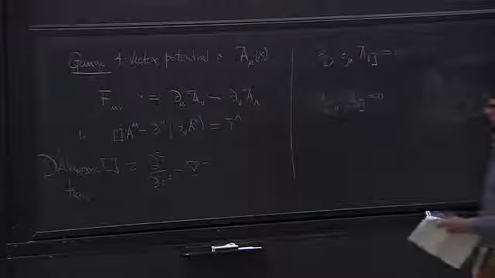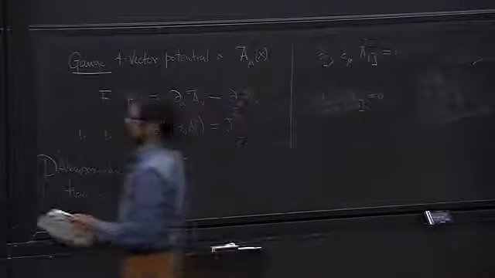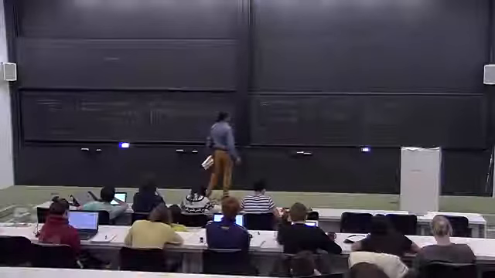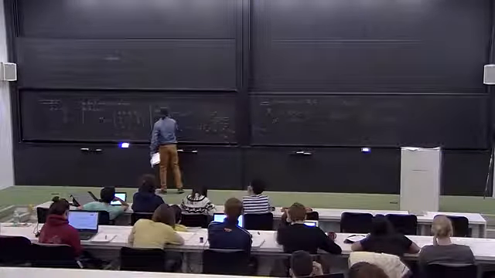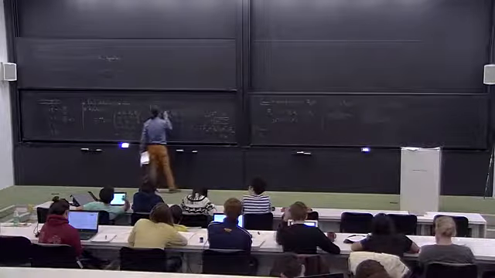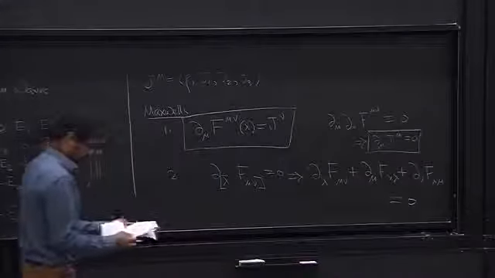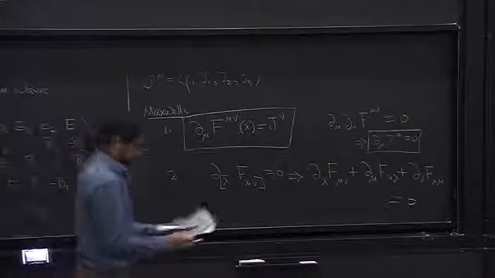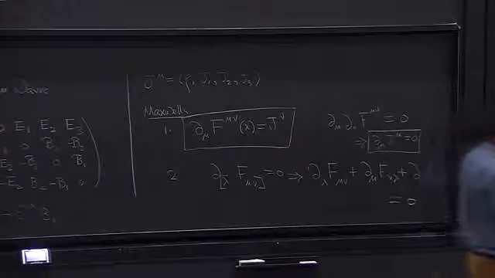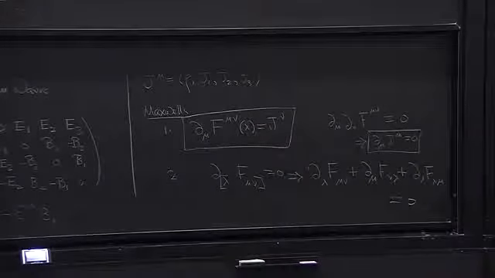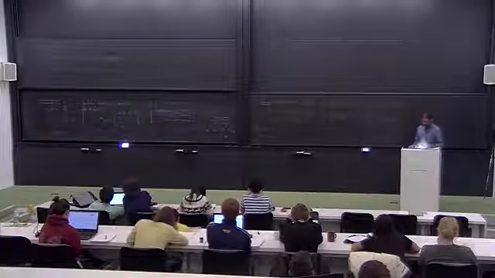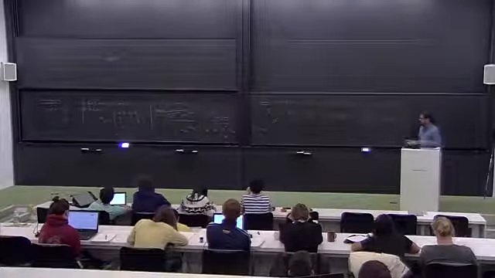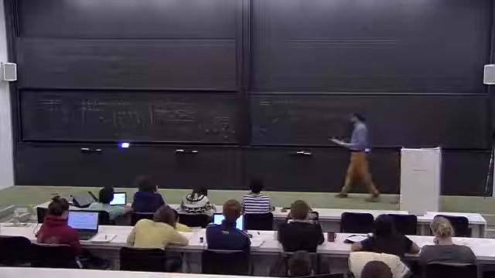So expressed in terms of the gauge potential, it's really only this equation which has any dynamical content. The other equation becomes just an identity. So you might say, why do we need the gauge potential?